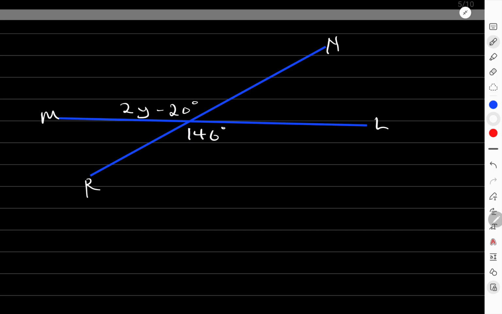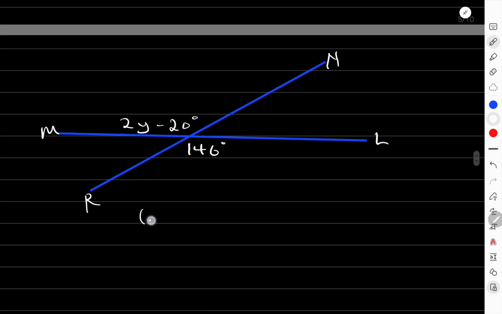I'm required to calculate the value of y. How can I calculate the value of y? Since we now know about vertical opposite angles, I'm going to have a vertex that is here. The angle that is found here and the angle that is found here are the same.